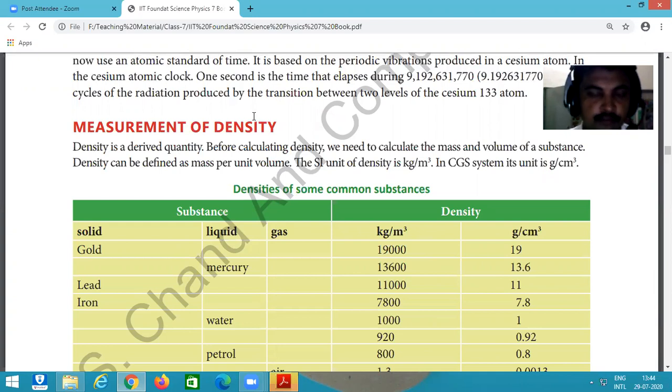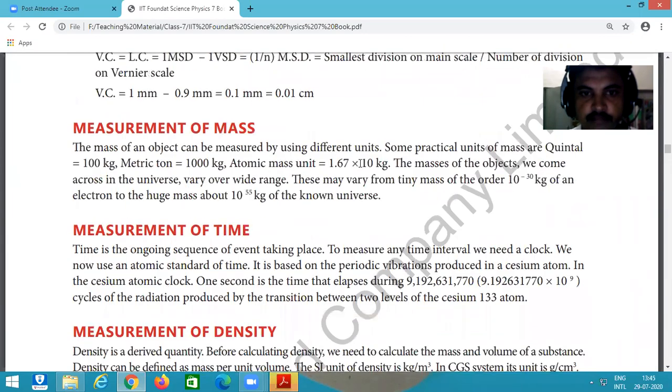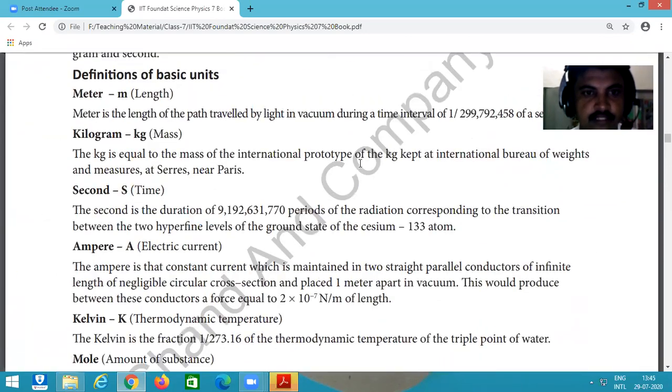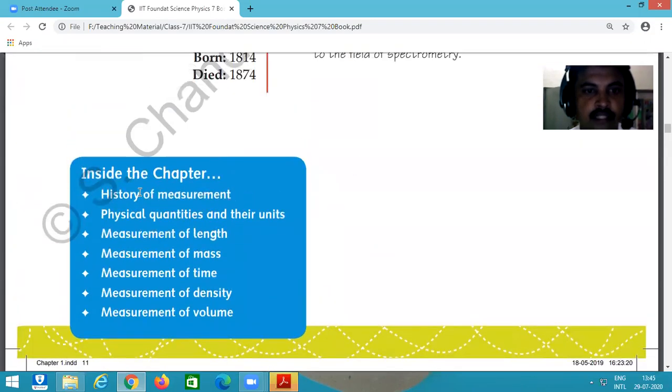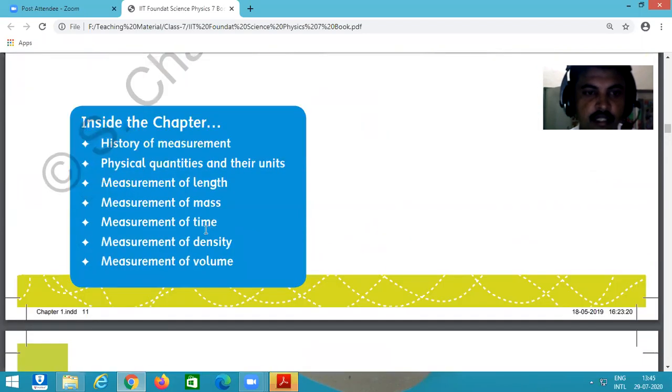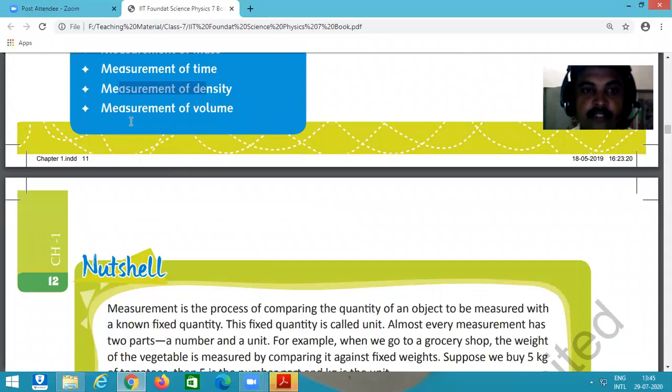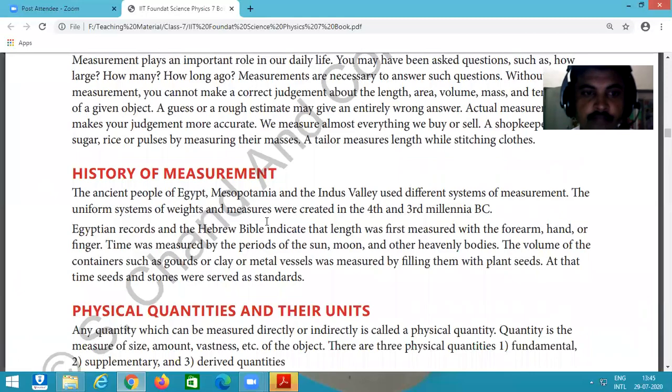In the last few videos of physics, we discussed the different parts and topics of this chapter. We discussed topics like history of measurement, physical quantities and their units, measurement of length, measurement of mass, measurement of time, and measurement of volume.